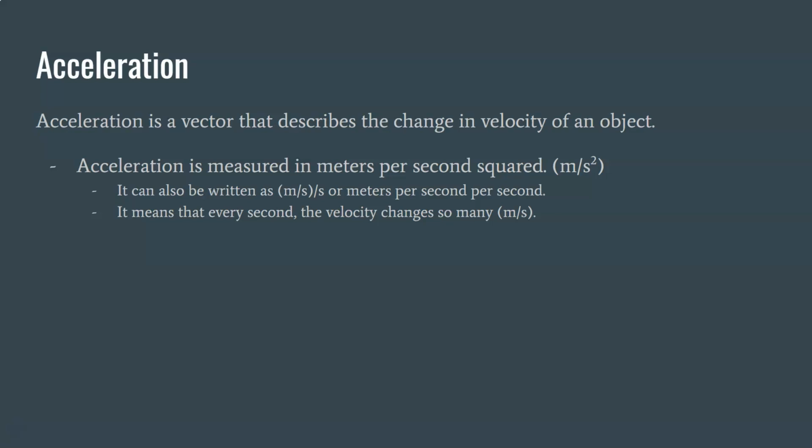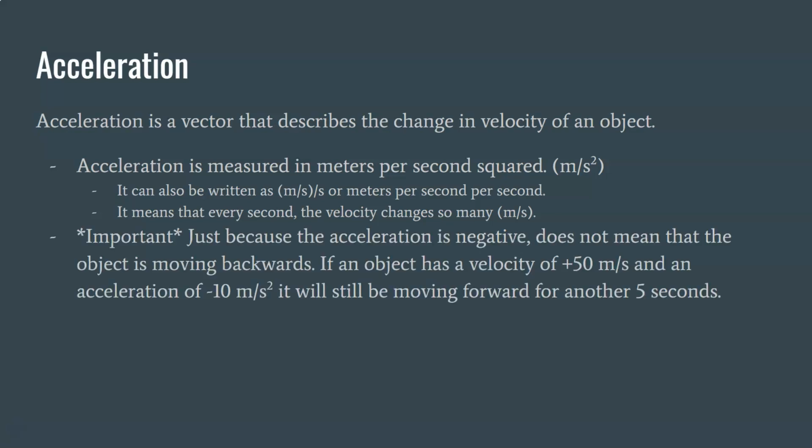If you're decelerating, every second you lose a certain amount of velocity, right? So, just because the acceleration is negative does not mean an object is moving backwards. If an object has a velocity of 50 meters per second and an acceleration of negative 10 meters per second squared, it'll still be moving forward for 5 seconds. That's like if a car is going 50 meters per second forward, right?